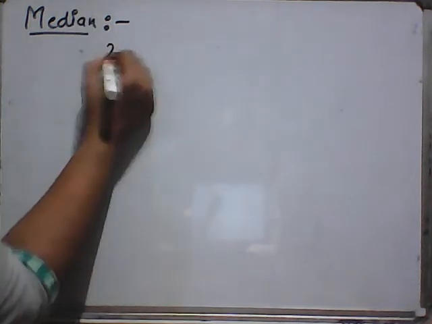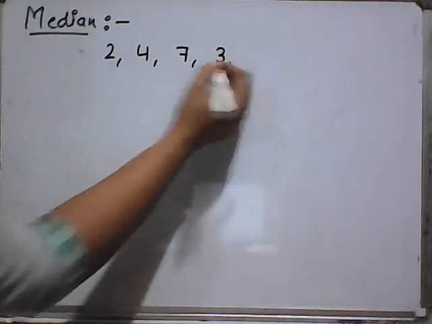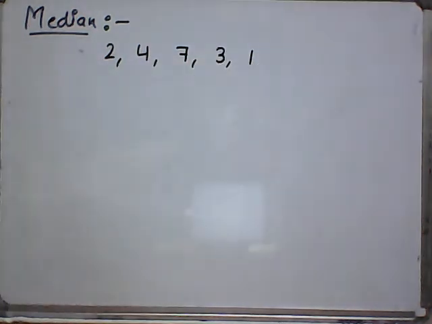Median of a given data is the middle value of the data after arranging the data in ascending or descending order. Suppose 2, 4, 7, 3, 1 is given to you.